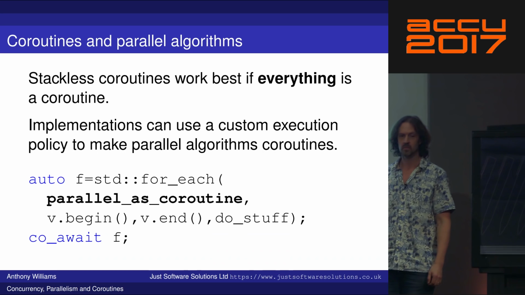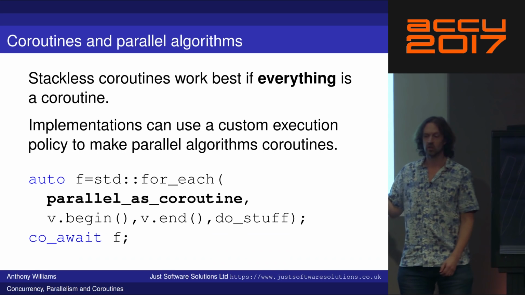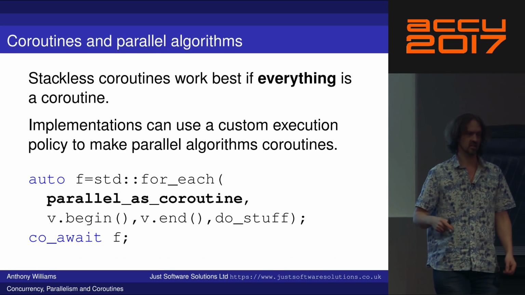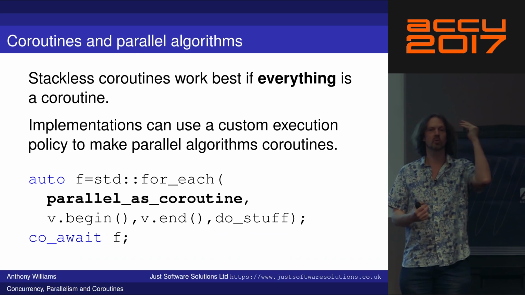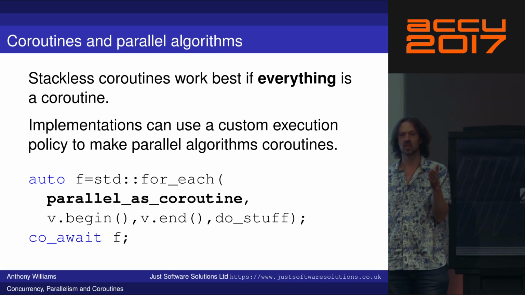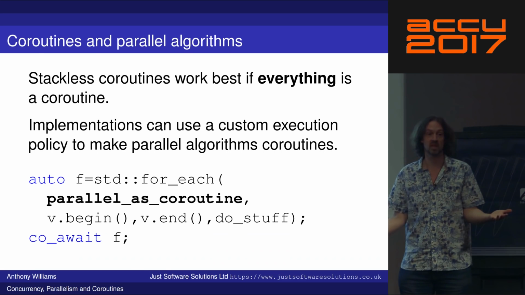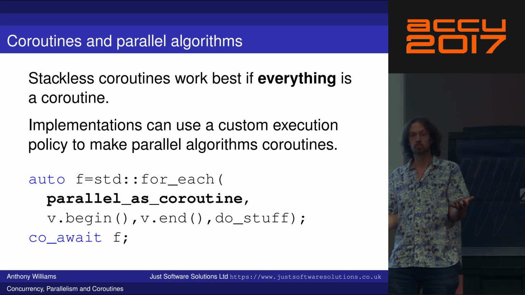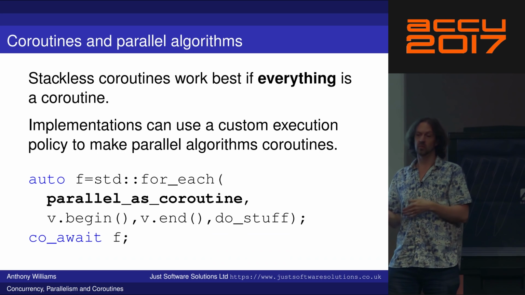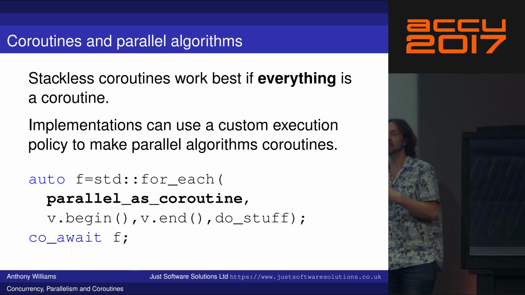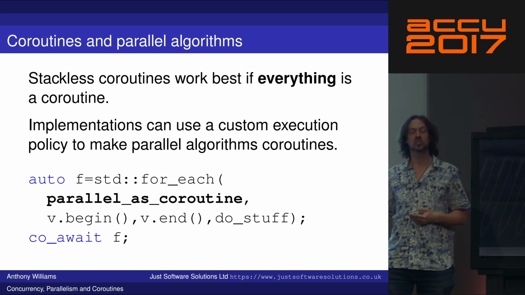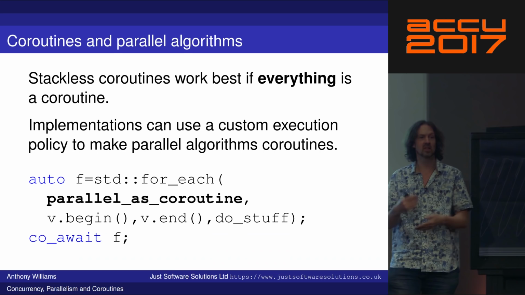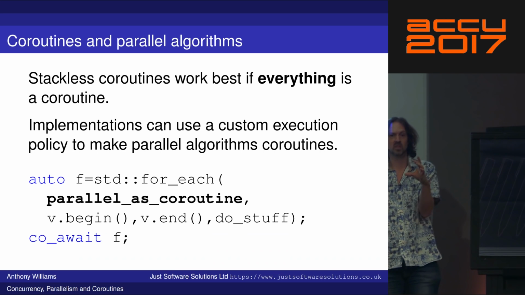Okay, so stackless coroutines work best if everything in your call stack is a coroutine, from the top-level driving thing all the way down, because you don't suspend the whole stack at any one time. It's not so important if you're doing generators, because the generator provides its own little encapsulated thing.